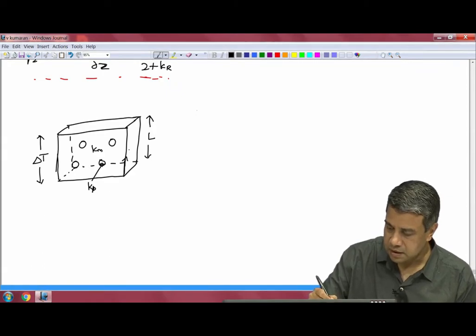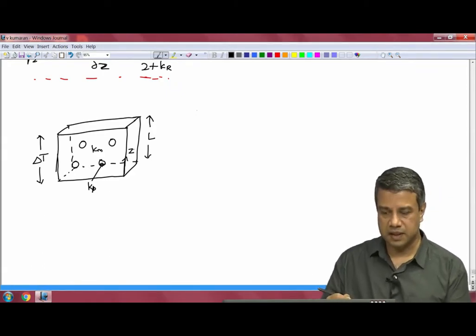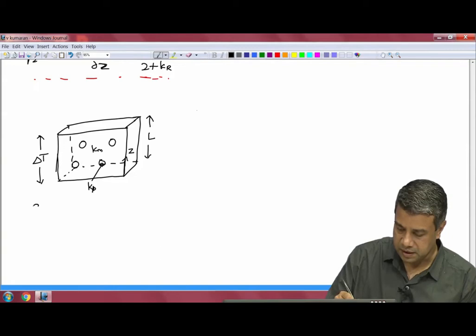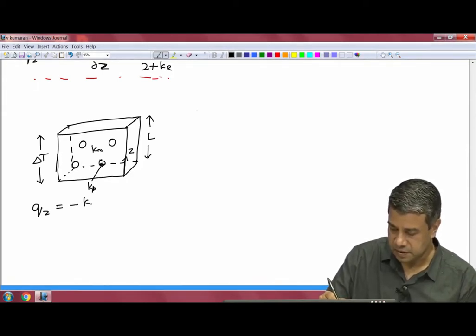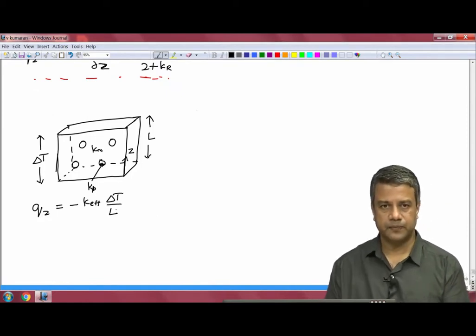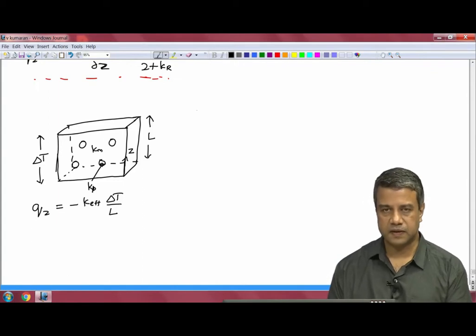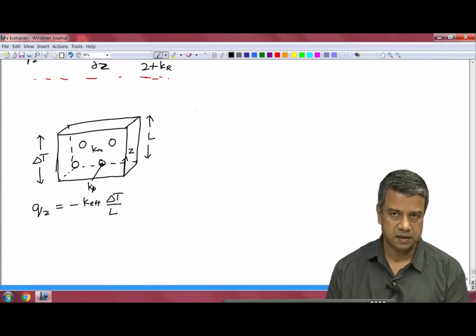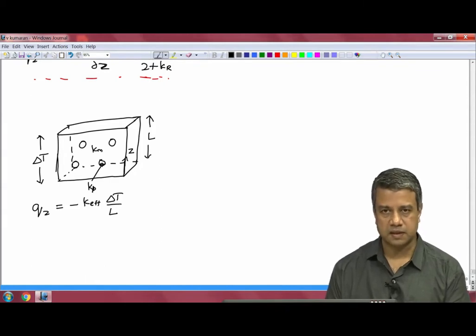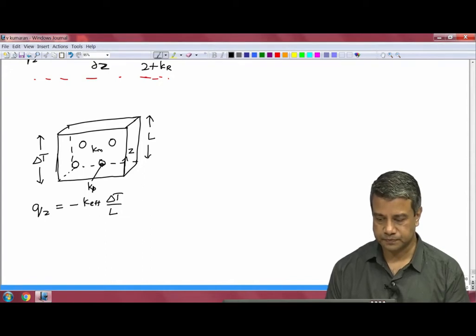That is, if Z is the direction of variation in temperature, then the heat flux is a function of the temperature difference divided by the total length, delta T by L. This coefficient K effective, we wanted to find out how it depends on the matrix conductivity, the particle conductivity, the radius of the particles, the number of particles, and so on.